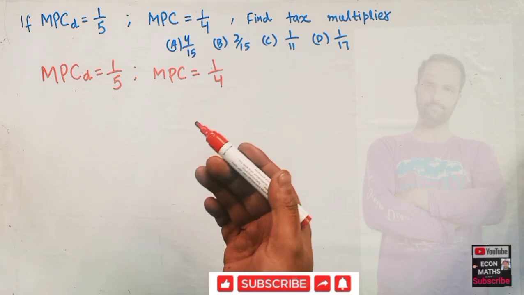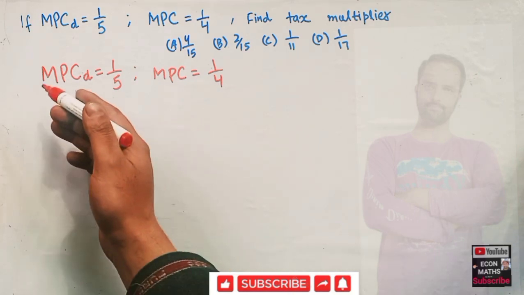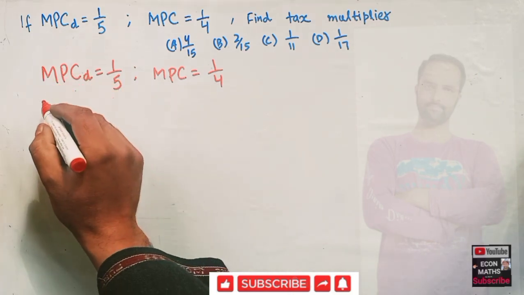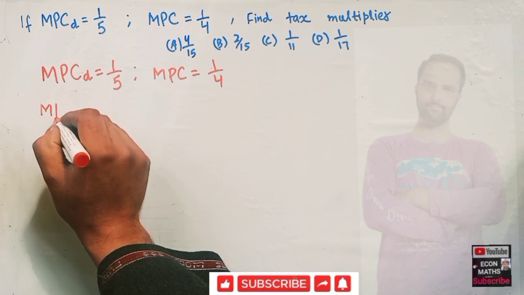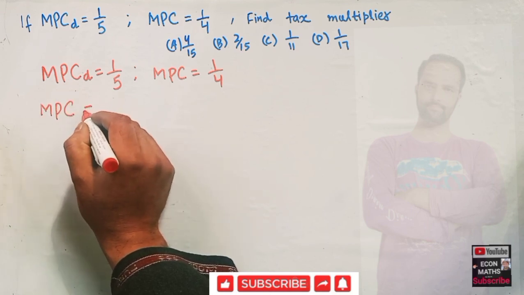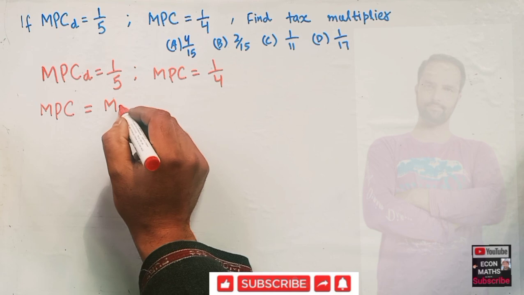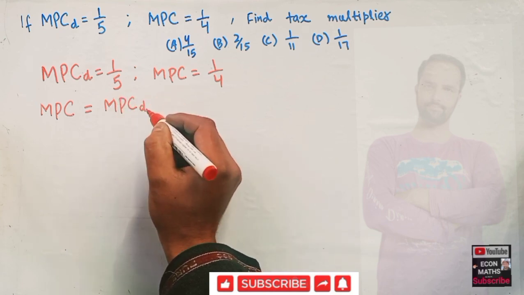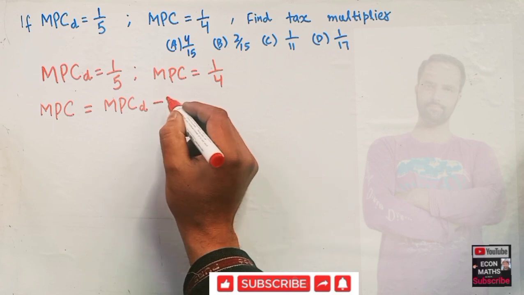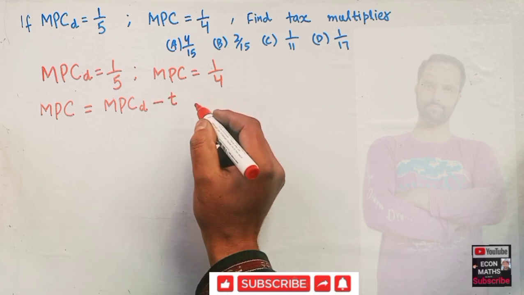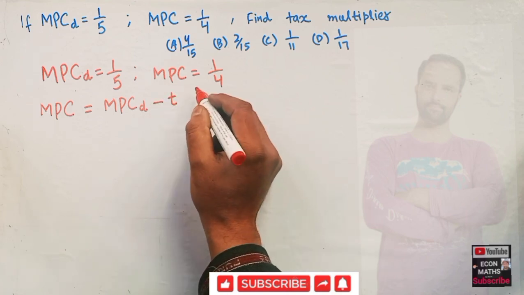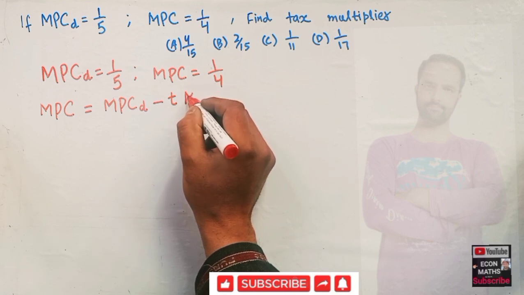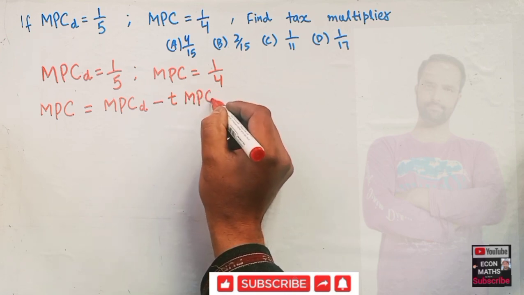Now there is a beautiful relationship between these two MPCs, that is marginal propensity to consume is equal to MPCD minus T, that's the tax rate, times MPCD.